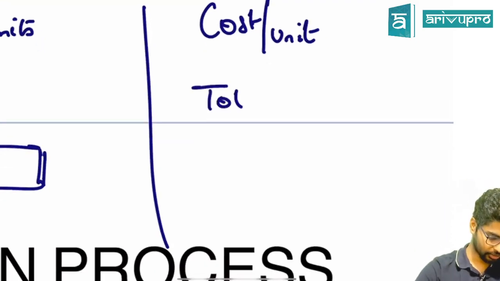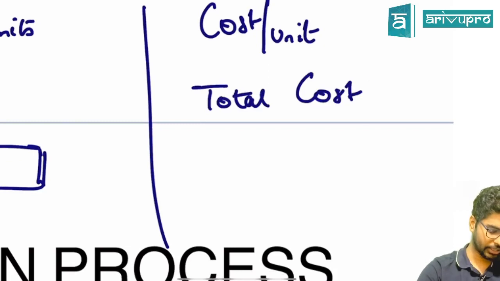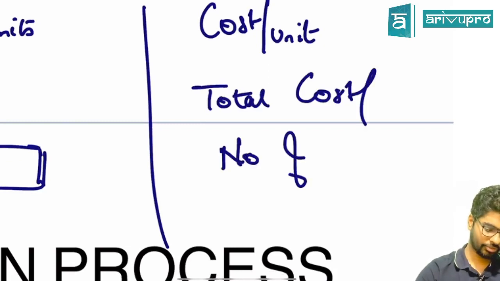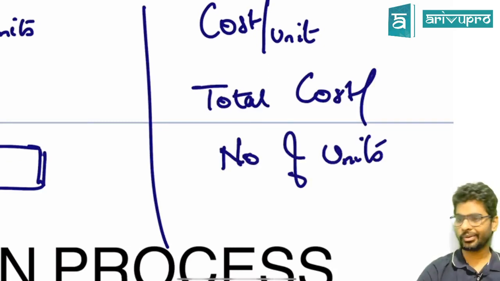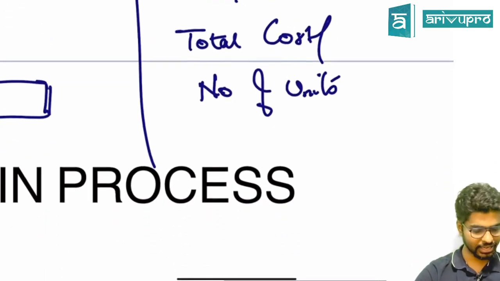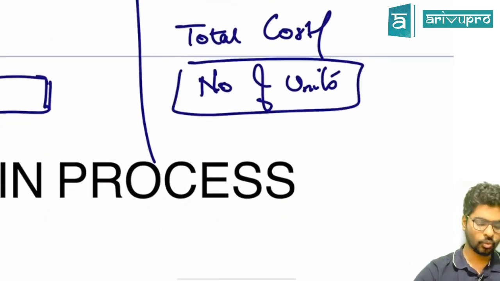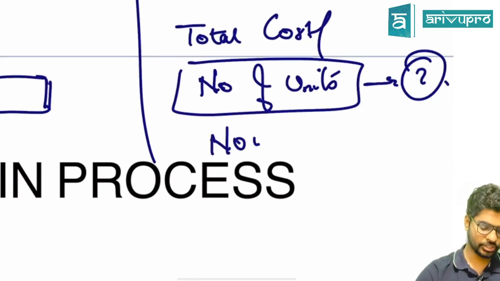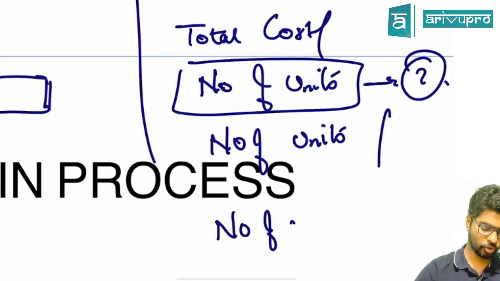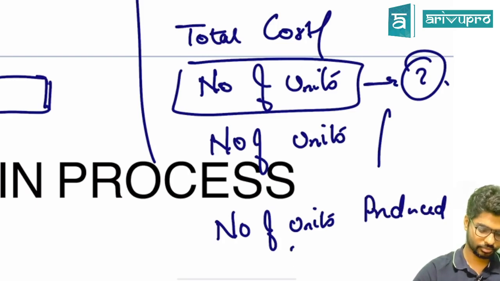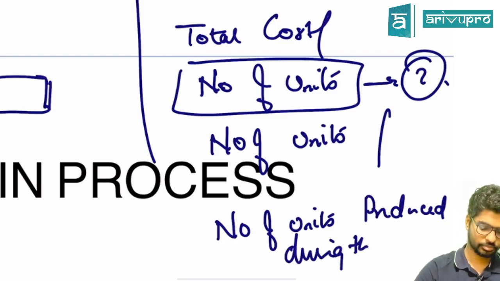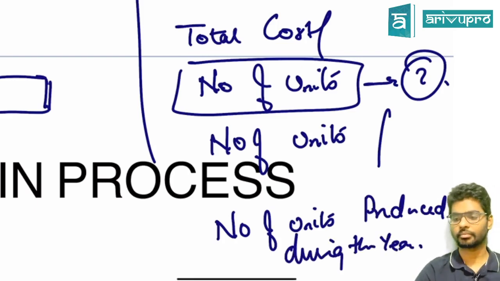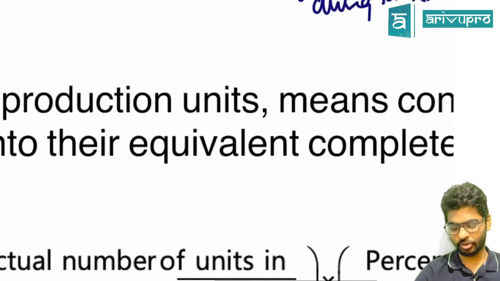Total cost divided by number of units. Now see, when I am saying number of units, what does this stand for? Is it the number of units sold or the number of units produced during the year? Everyone is saying number of units produced.